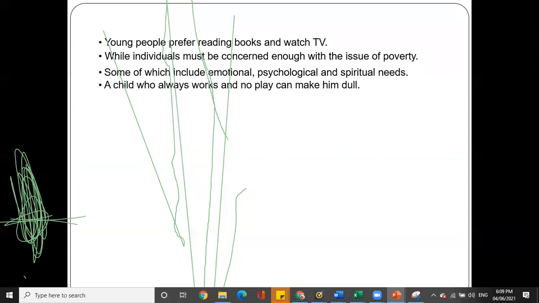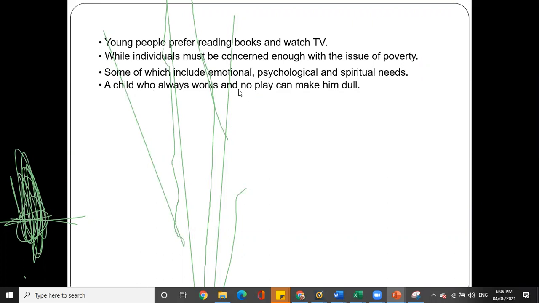So a child who always works and a child, remember, we just did not mention it again or write it again because it's redundant. But there is an invisible element there. That is a child who has no play. We repeat this.